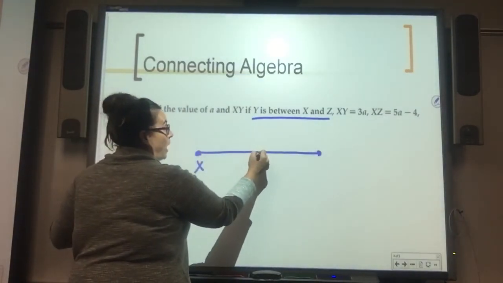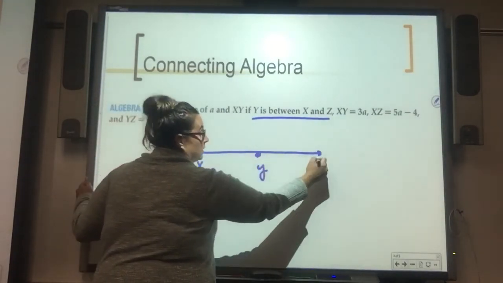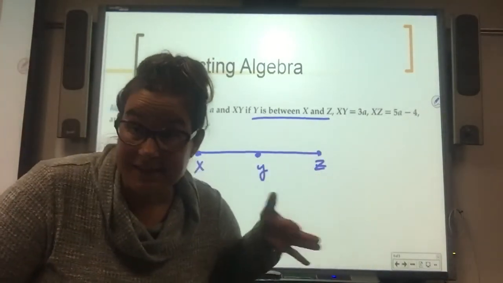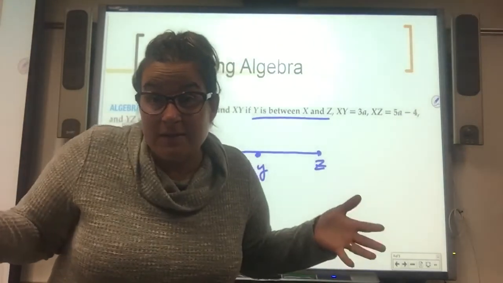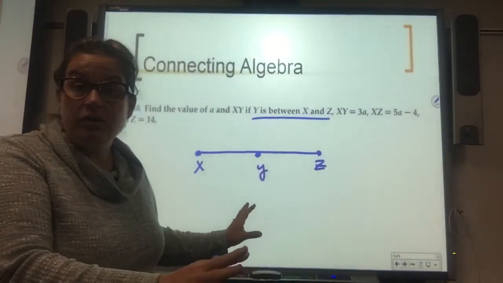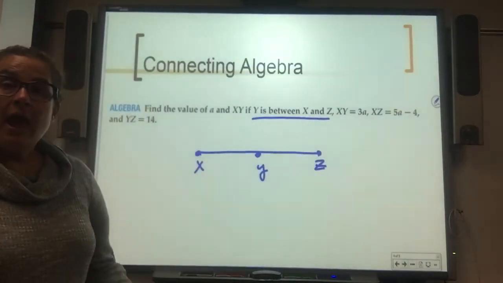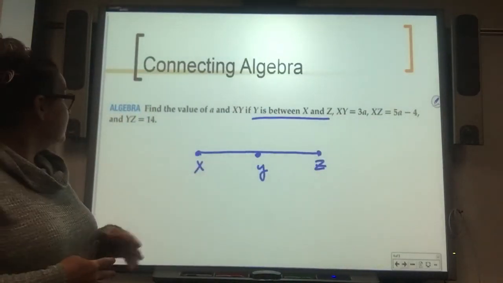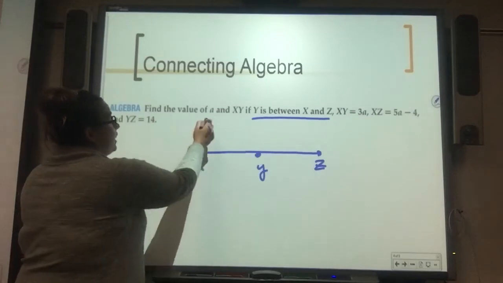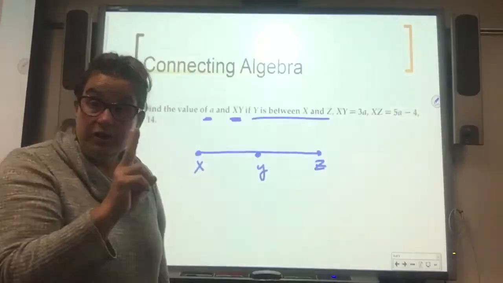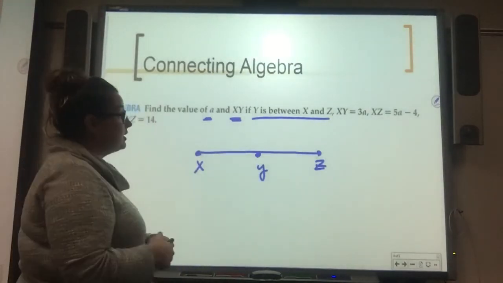X, Y is somewhere in between, and Z. This is not drawn to scale because I don't know the measurements. So I'm just sketching it out so that Y is between X and Z. And what it wants me to figure out is find the value of A and XY. So this is 2 things I need to do in this question.